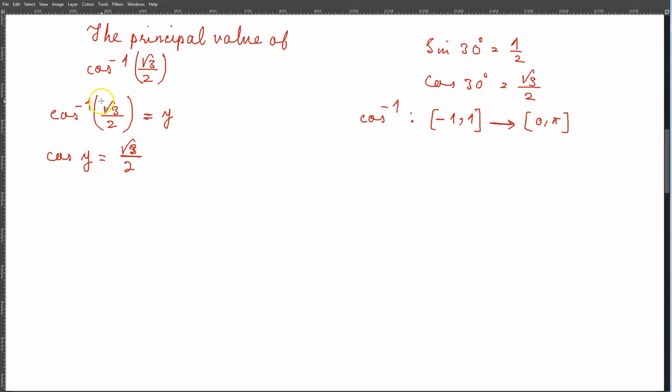So if you go from 0 to pi, then of course I know that the cos of 30 degrees is equal to the square root of 3 by 2. So cos of y is equal to square root of 3 by 2, which is equal to the cos of, now 30 degrees is equal to pi by 6, right? That means that therefore y is equal to pi by 6.